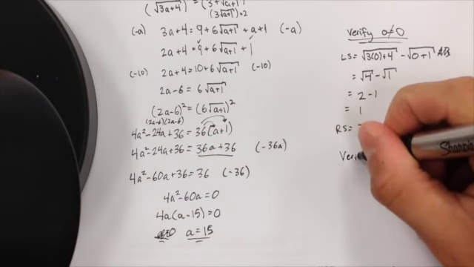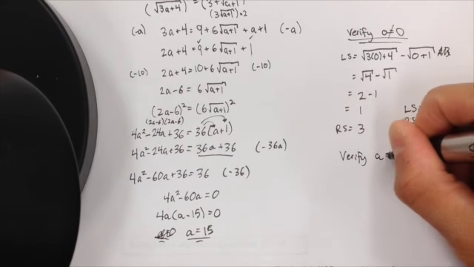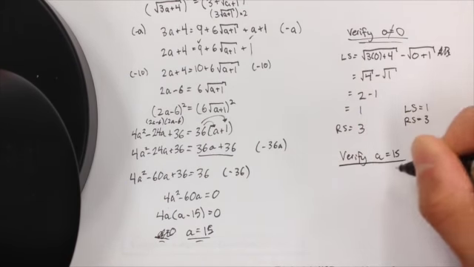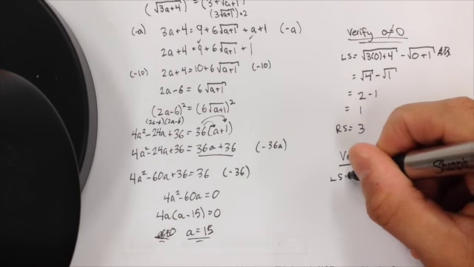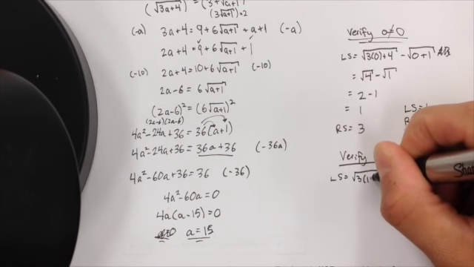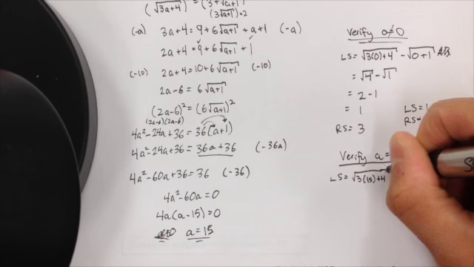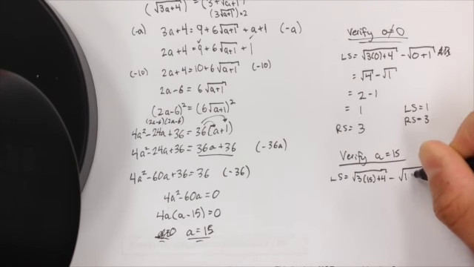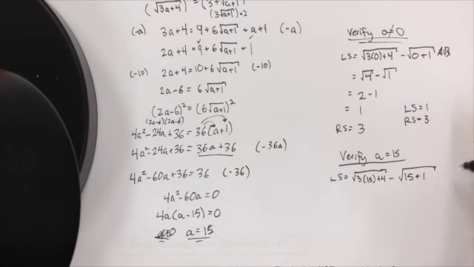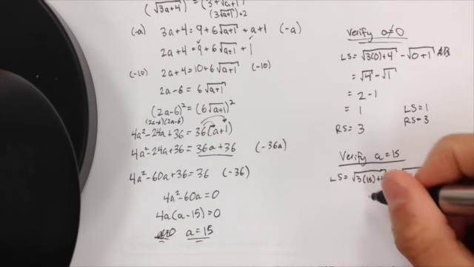Now let's verify a equals 15. So the left side is 3 times 15 plus 4 minus radical 15 plus 1, and remember, that needs to equal 3.